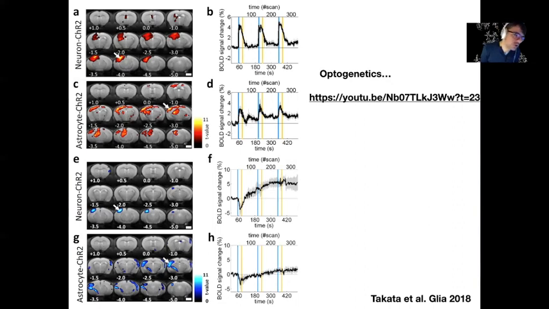Now, if you look at the slice in the brain in A and C, you can see that the activations colocalize, but are not exactly the same. So next time you look at fMRI, just ask yourself whether this is really activation of the neuron or activation of the astrocyte you're looking at.